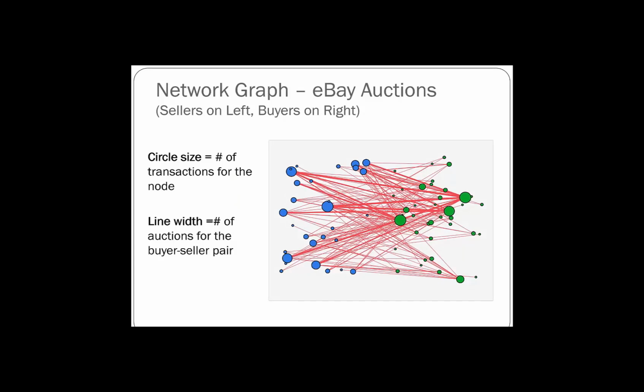Network graphs are used to depict relationships in a network. Think of this as like a social network, or in this case we're looking at eBay, and over here we've got, I think, sellers on the left and buyers on the right. So this person here sold to all of these people, and everywhere there's a red line going over there.